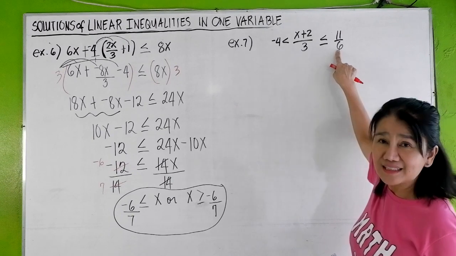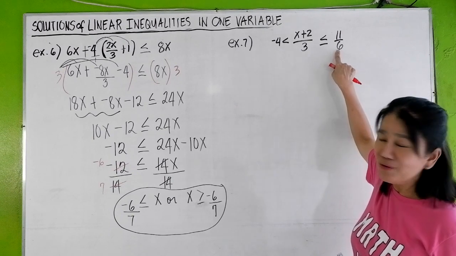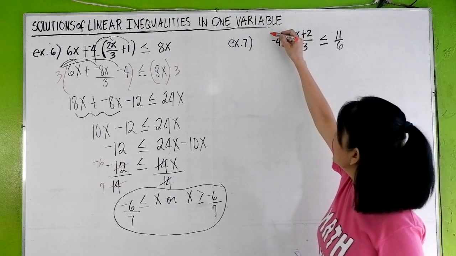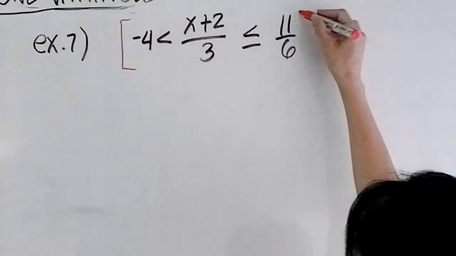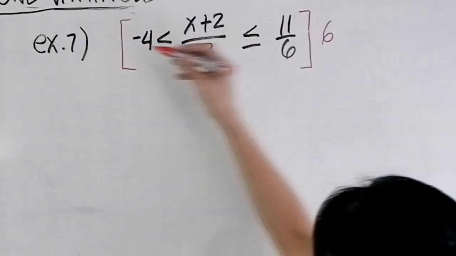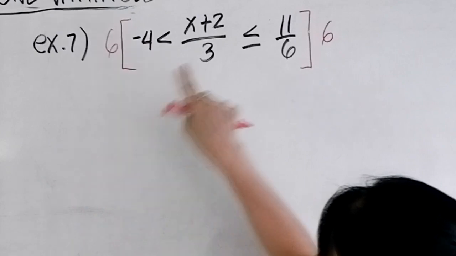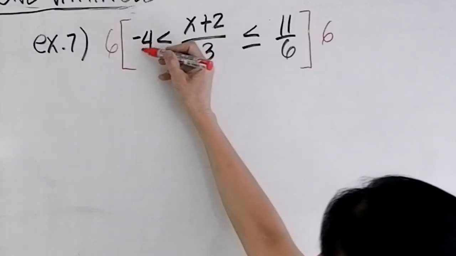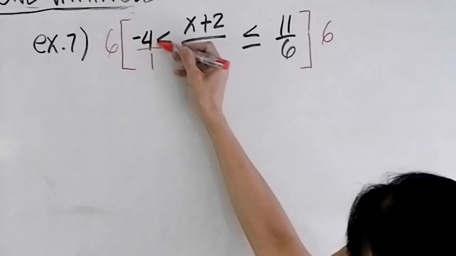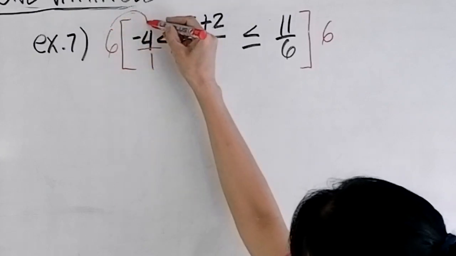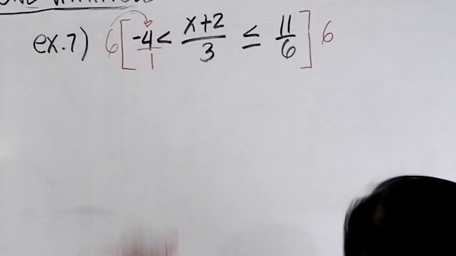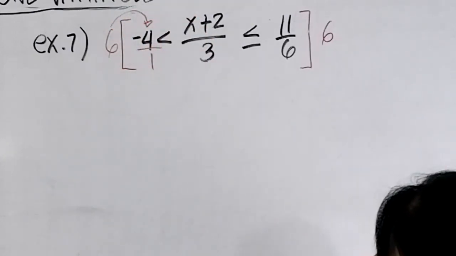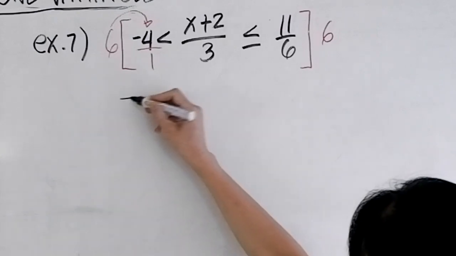So, in this case, what do we do? Remove the denominator, so multiply all sides by 6, which is the LCD. Remember, this is 4 over 1. So, multiply this by 6, you get negative 24.